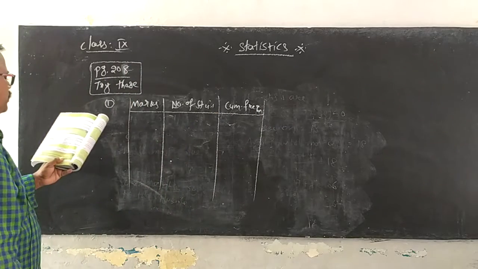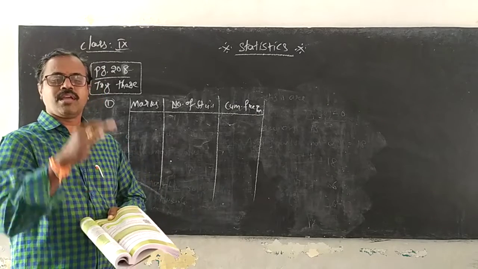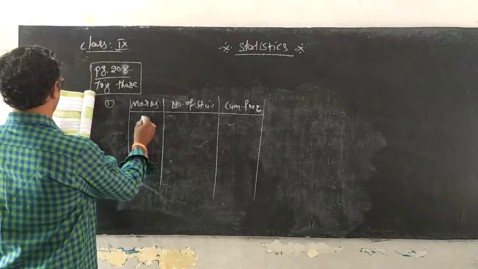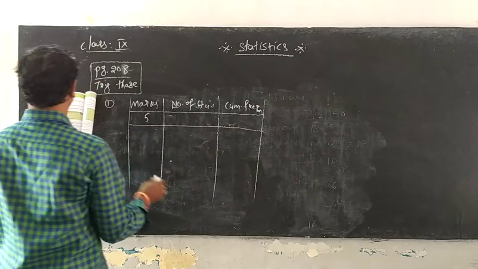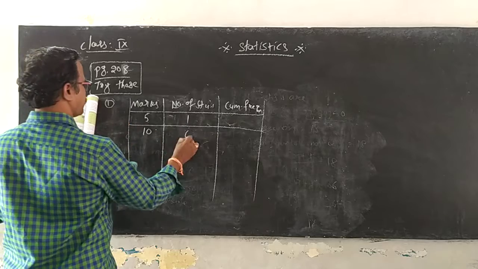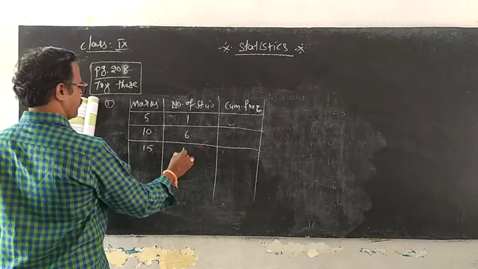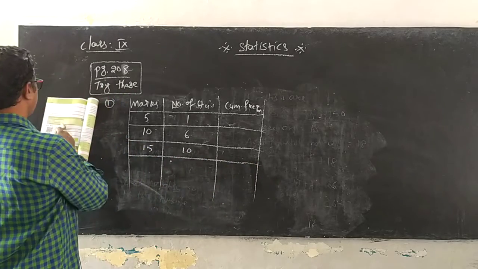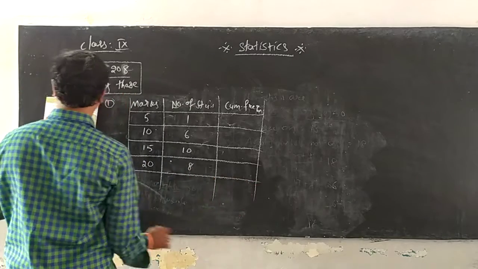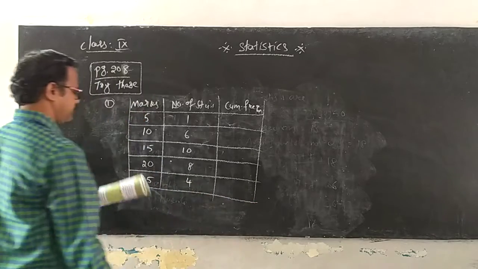Now when you get the marks, I told you the first rule is you have to arrange the observations in ascending order or descending order. So coming here, your ascending order gives you first 5 whose frequency is 1, the next is 10 whose frequency is 6, the next is 15 whose frequency is 10, the next 20 whose frequency is 8, and at the last 25 whose frequency is 4.